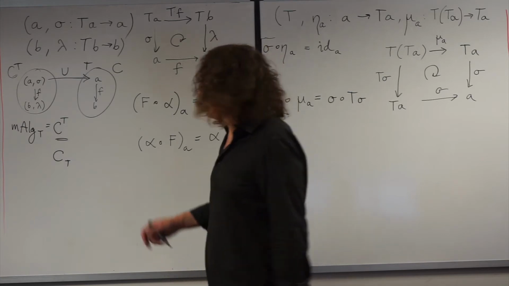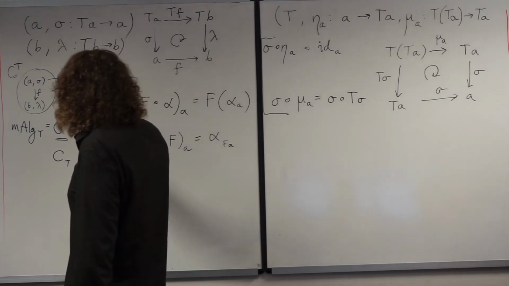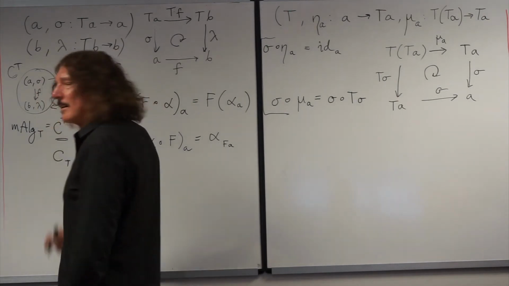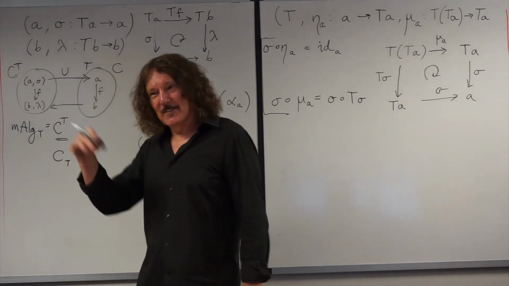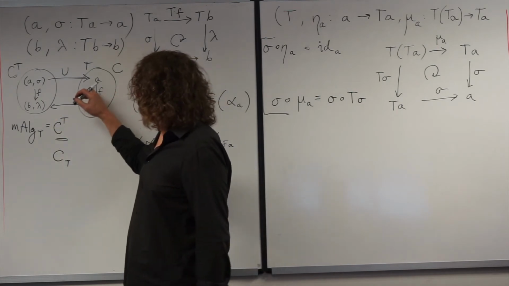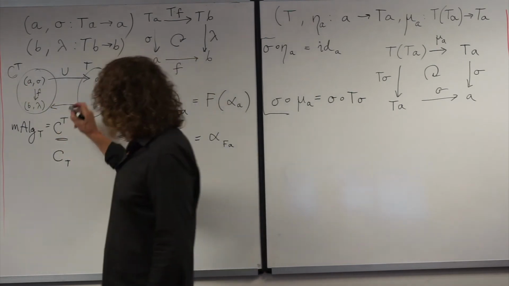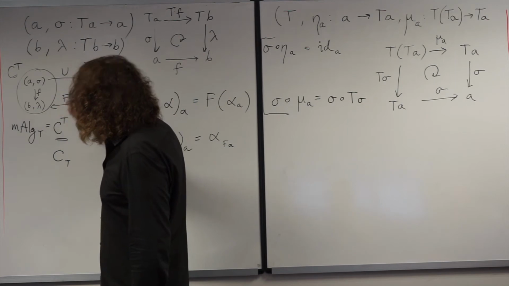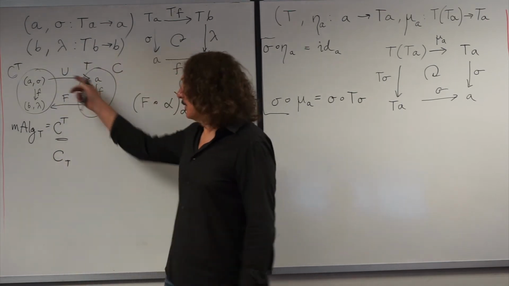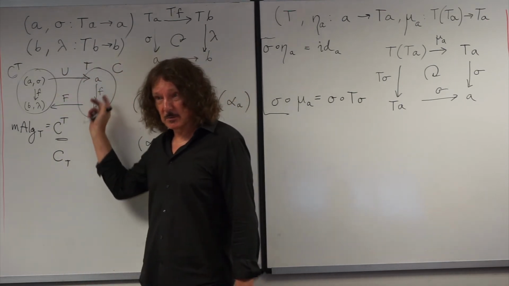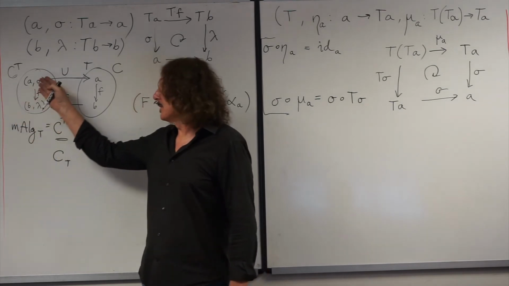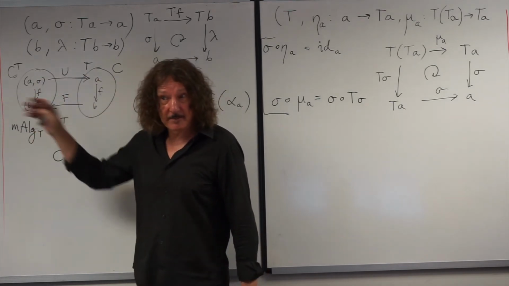So the real problem is finding this functor that goes from C to C^T. The left adjoint to a forgetful functor is usually called a free functor. So this is forgetful, free.